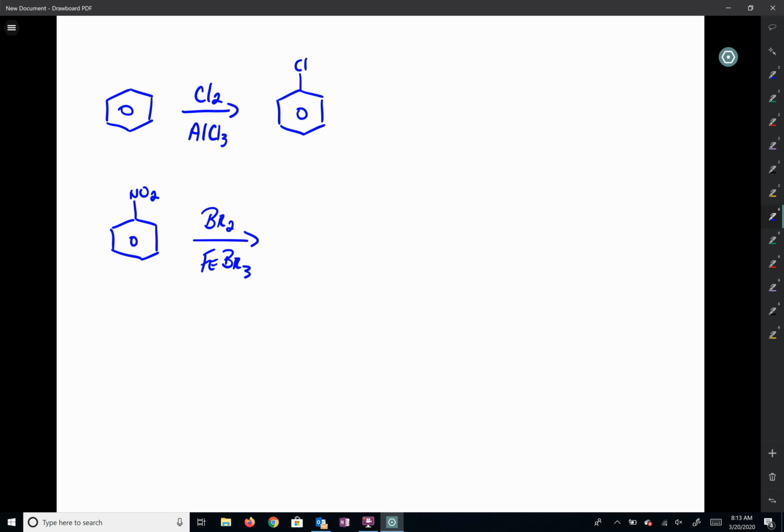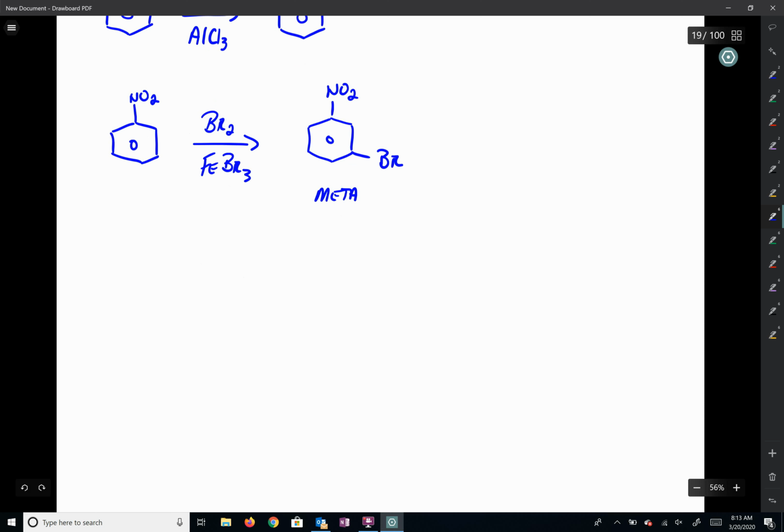So we start out with nitrobenzene, a very common reagent, and we try and add a bromine to it. If we do this reaction, we find that we really only get one product, and it's that right there, which would be the meta derivative. We might say, well, I don't want the meta derivative. I want the para derivative, or the ortho derivative. Well, it just doesn't happen. It doesn't work that way.